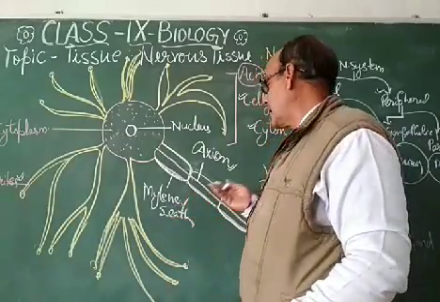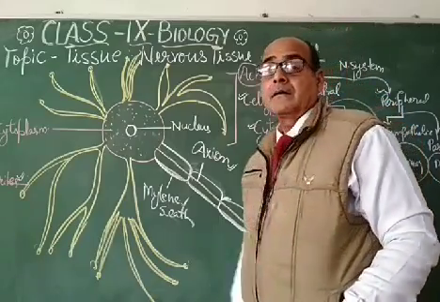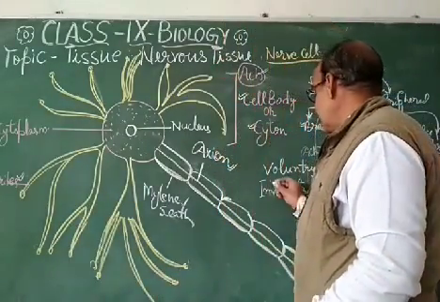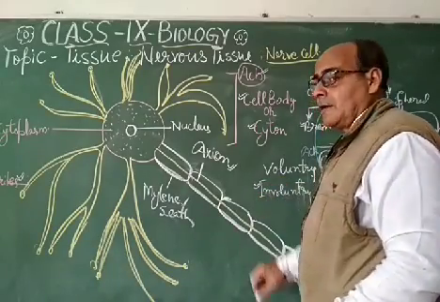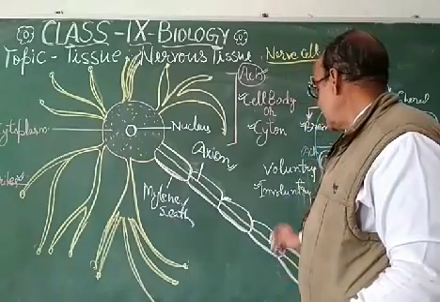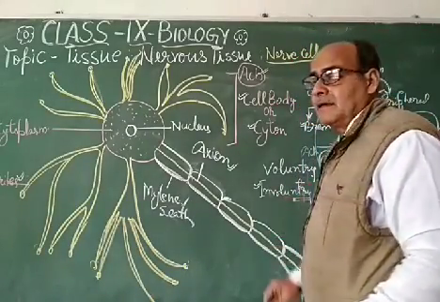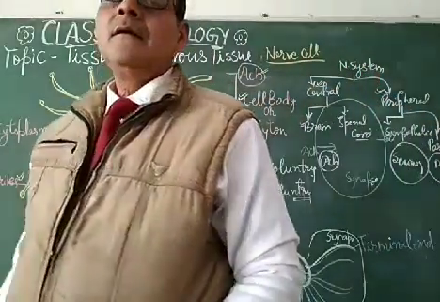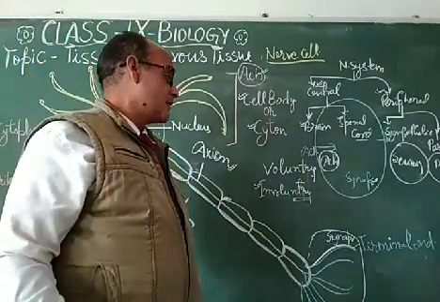So these actions are called the voluntary actions. Tell about the involuntary actions. Involuntary actions are the actions which are not under the control of the willpower of the human, that is controlled by the autonomous system of the nervous system. So involuntary nervous system is also called autonomous nervous system, that is controlled by the brain itself.